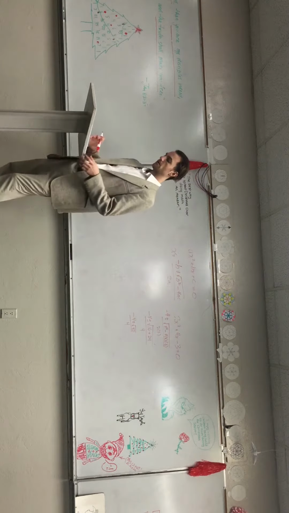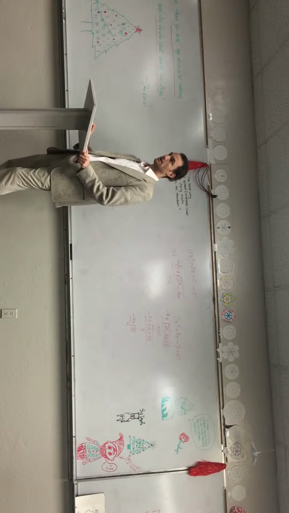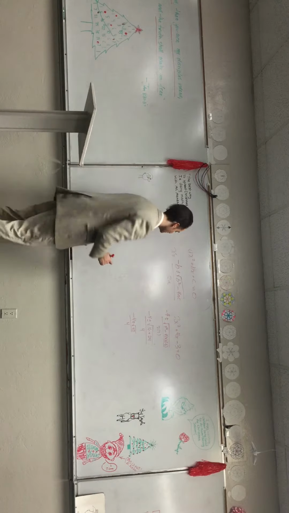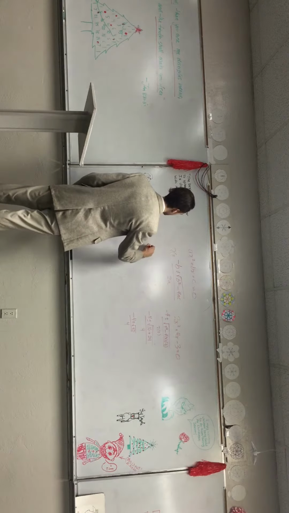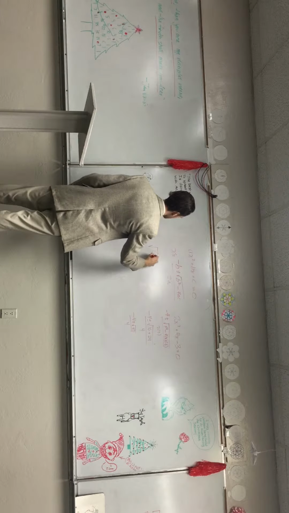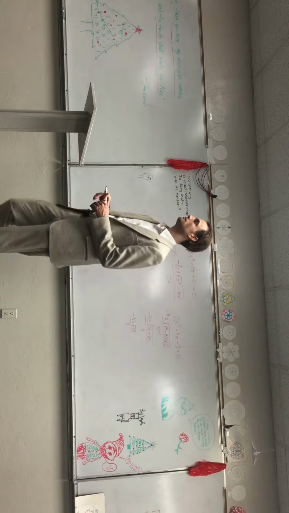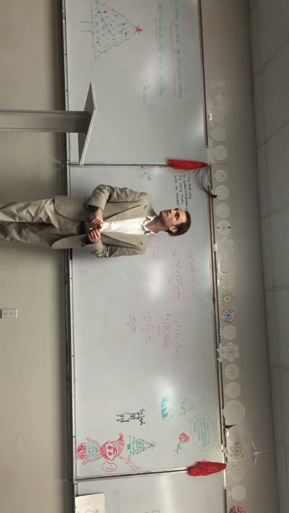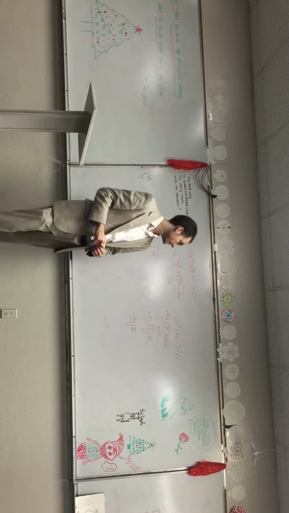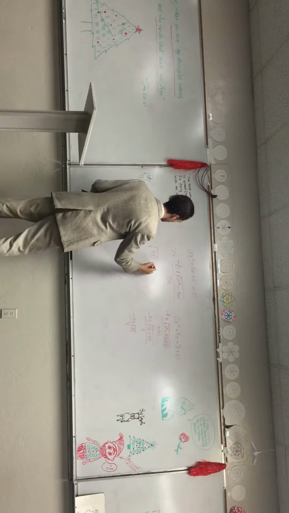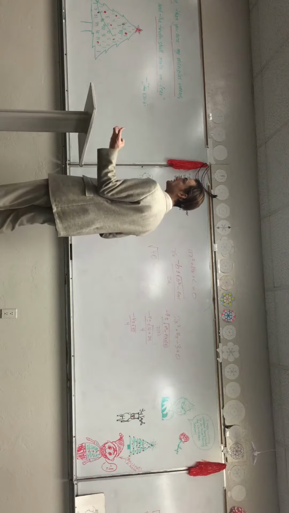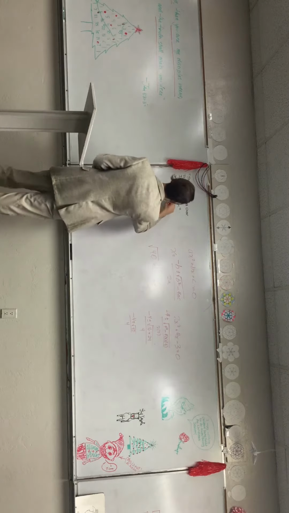Now, I have square root of 40, and I want to simplify this. How do I simplify this? Anyone remember? Yeah, you can break it down into two other square roots. Very good. So I want to get what? A perfect square, right? So let's list our perfect squares.